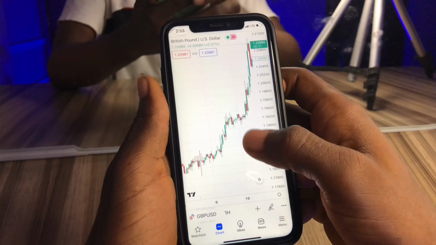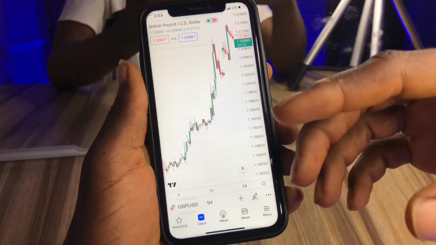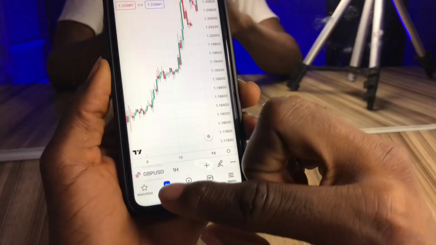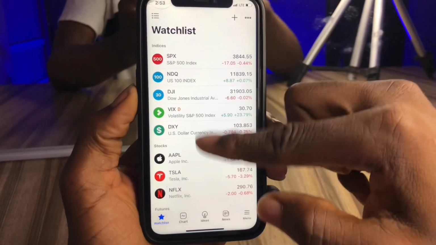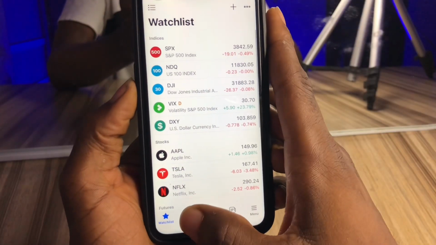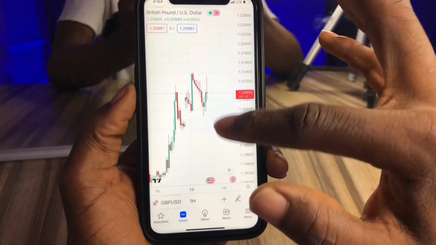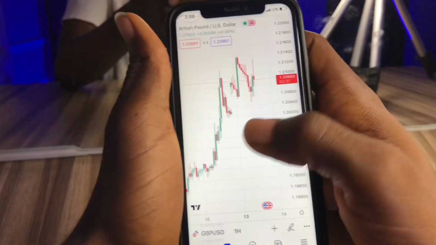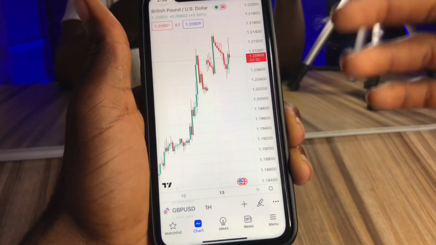Okay, so right now we're on TradingView, and let me give you a little explanation of how this TradingView app works on the phone. This point right here is what we call the watchlist. Every currency that I have on here, you can see them all around here, and this part right here is the chart. Everything here is basically just the chart. Now let's say you're in a time frame and you want to switch to another time frame.